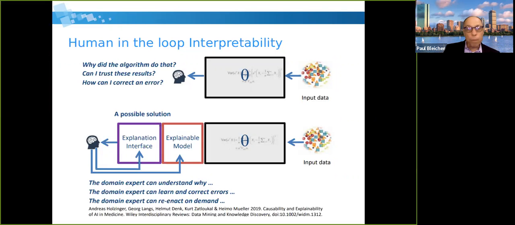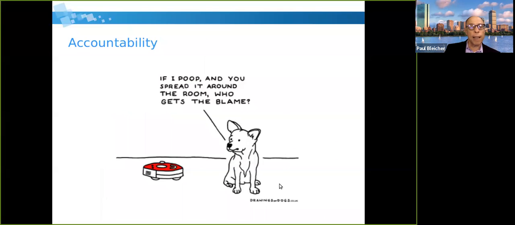This is one way to do this, and it's really important nowadays for an expert to actually review, for the model to be an advisor rather than the expert itself. Sometimes that's not possible, for example, in split decision decisions in a self-driving car, but we all know that there are issues related to that. And finally, accountability.